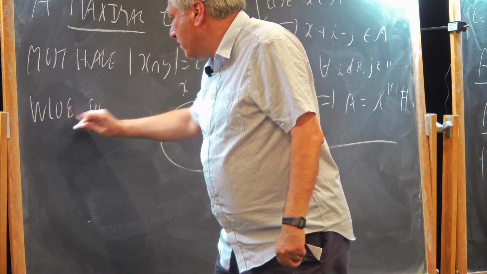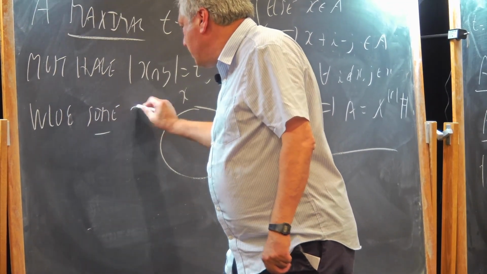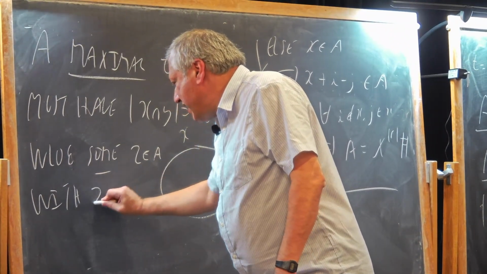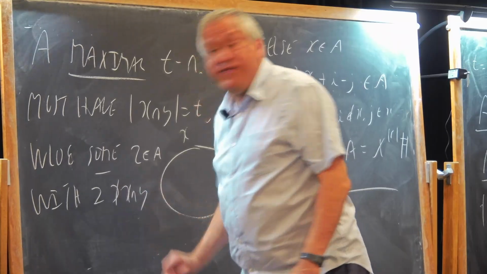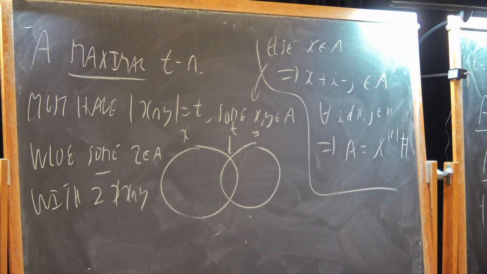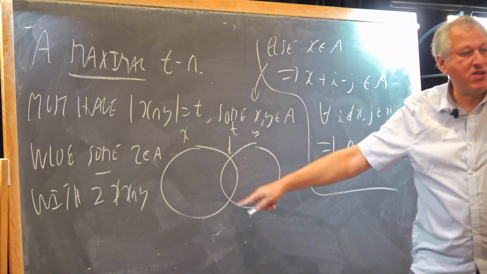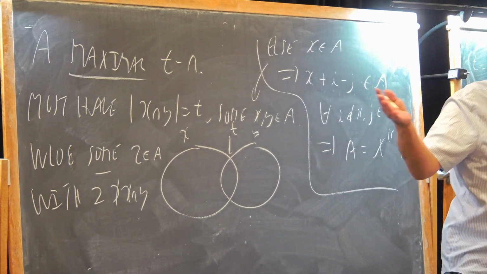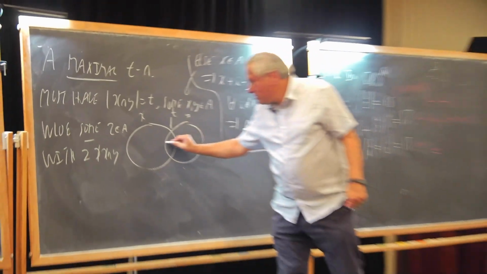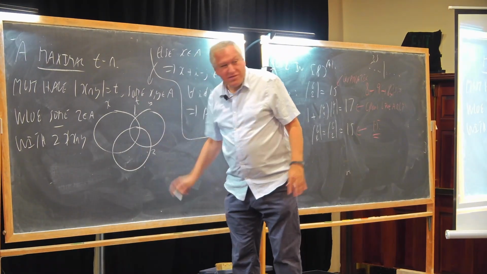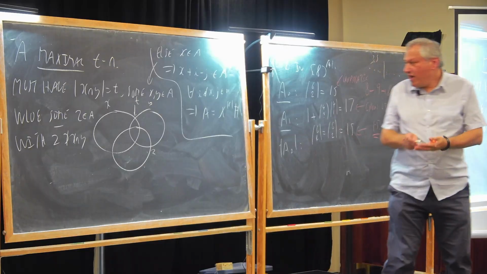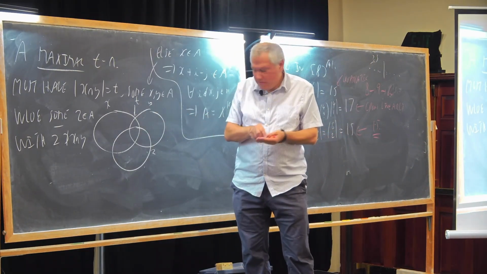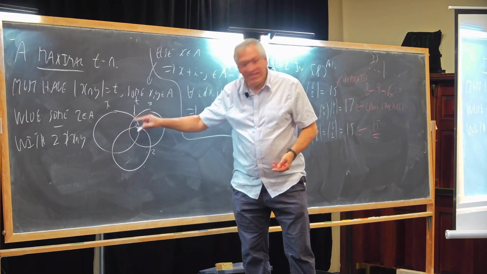There is some z in A with z not containing all of x intersect y. Does that make sense? If everything in your family contains x intersect y, those t points lie in all your sets, trivially done. Okay, let me draw you a z, a sort of Venn diagram. And the point is that z doesn't have all of that, so this exists, this is empty.